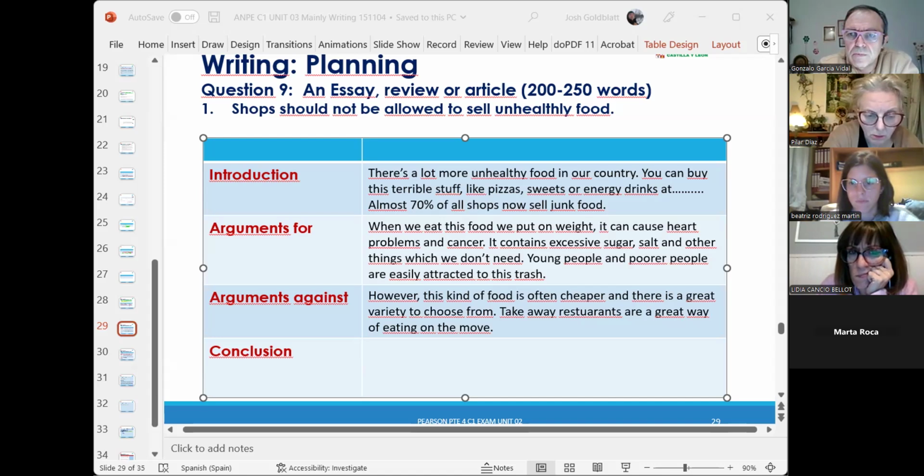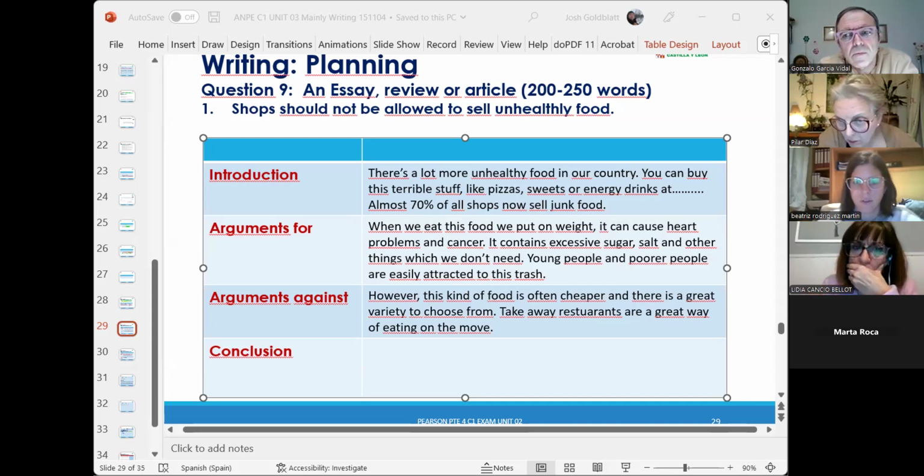Okay, here's my conclusion. Governments should establish limits to the sale of this food. So the governments should establish some limits to the, yep, absolutely. Very good. In industrial farms. Pilar, thank you.